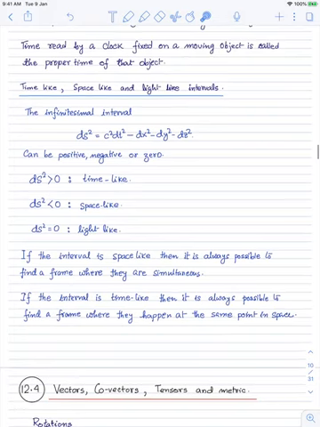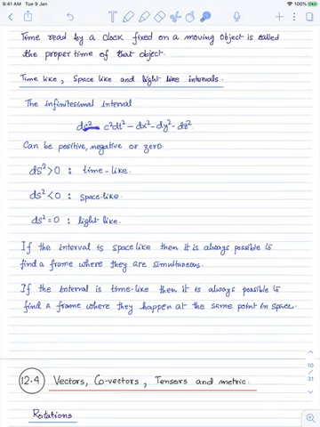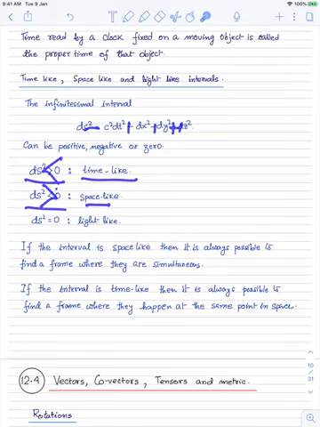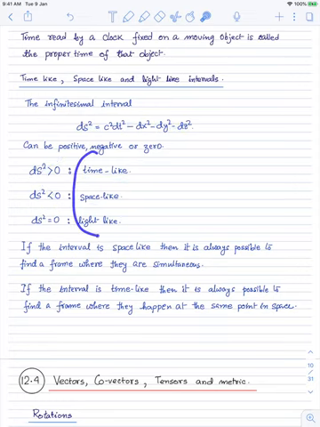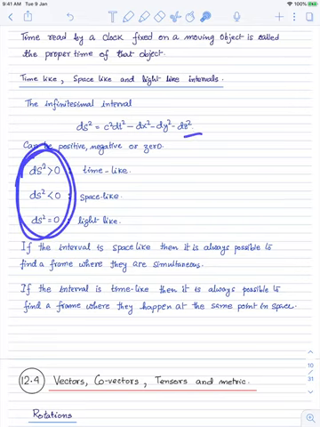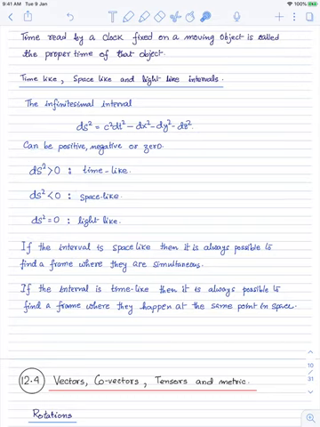Again, if we use a different convention here, compared to previously, then we will just say that less than 0 is time-like, greater than 0 is space-like, and equal to 0 is light-like. So these words time-like, space-like, light-like are very physical. Irrespective of the sign, we can decide what kind of event it is.